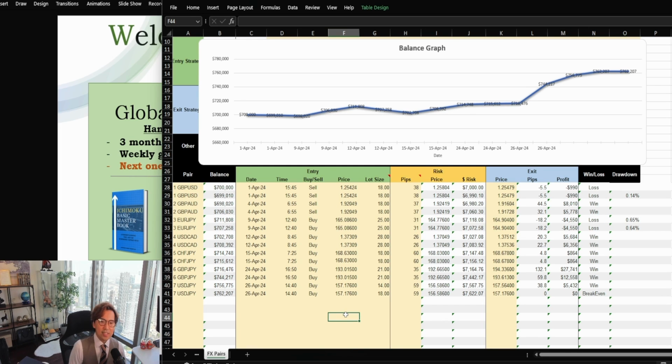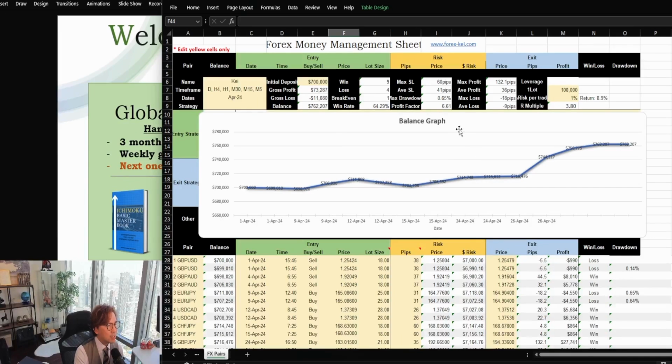Because the more losses you get, the more difficult it becomes to win profits overall. So the easiest way to have long-term profits, and also to have a better PF, risk-reward ratio, is to minimize the drawdowns as much as possible.